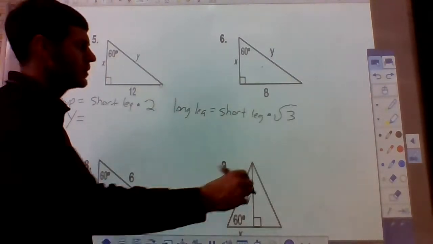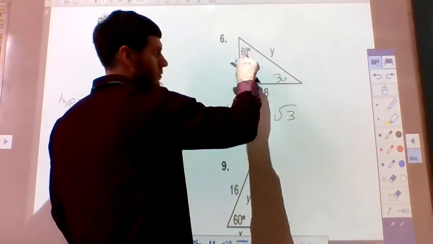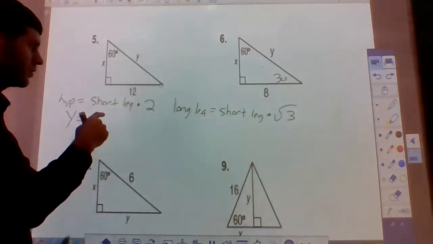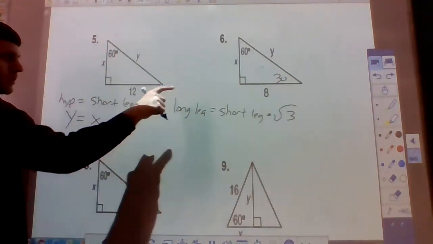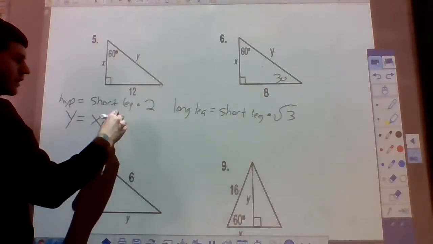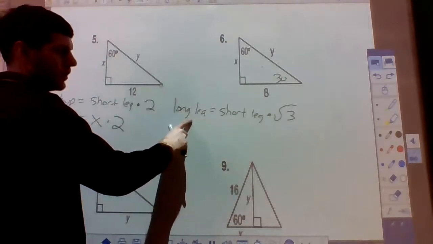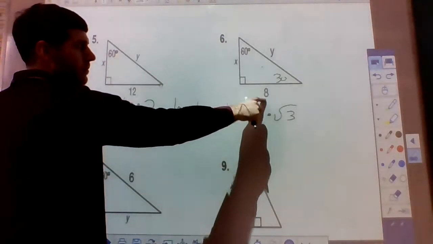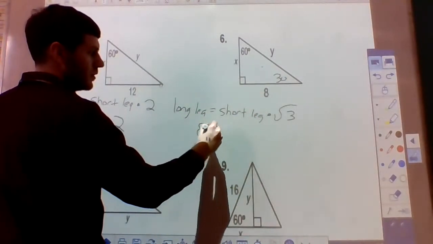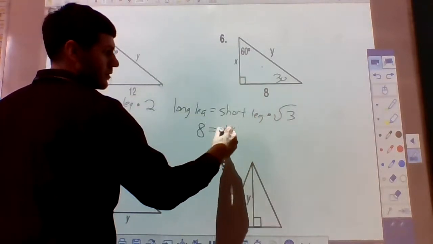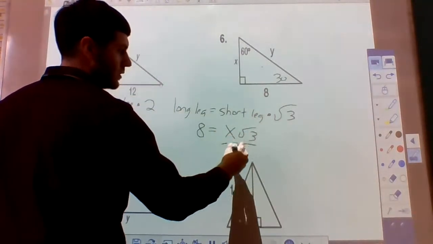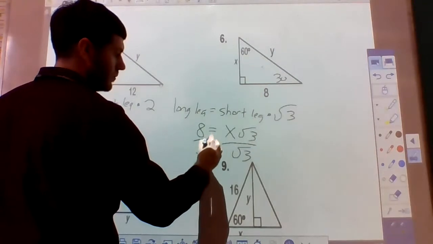The short leg is opposite the smaller angle, so that's 60, so it's got to be 30. So our short leg is x, opposite 30 degrees, times 2. Same issue as number 5, so let's go to the other equation. The long leg is 8. The short leg is x. How do we solve for x? We divide both sides by the square root of 3.